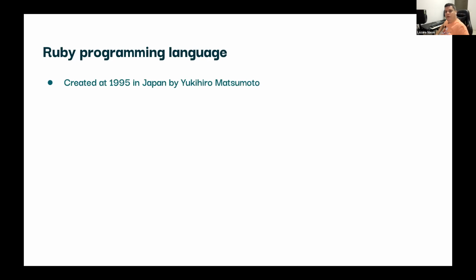So let's talk about the Ruby programming language. It is a programming language created in 1995 in Japan by Yukihiro Matsumoto. Most of you know, Ruby is that kind of language like, nowadays, Dart. So people usually know Dart to work with Flutter.